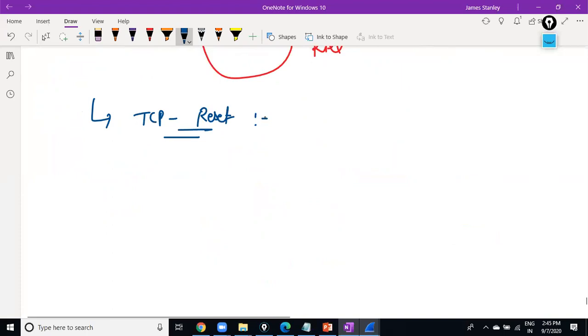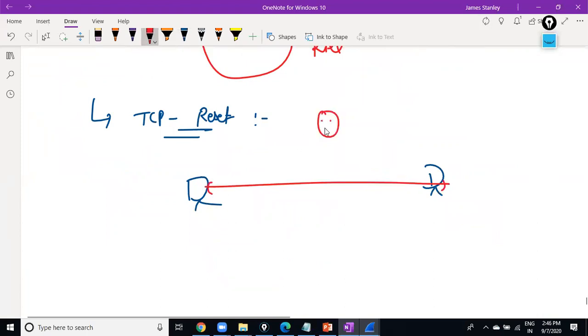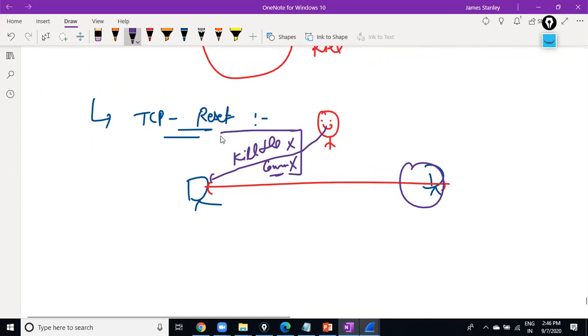Let's consider there are two clients and their connection is established, and now you are a hacker. You send a reset message on behalf of one of them, and a reset message means kill the connection. It says, I don't want to keep any further communication with you, I'm going to terminate the connection, and it is terminated immediately. This is forceful connection termination.